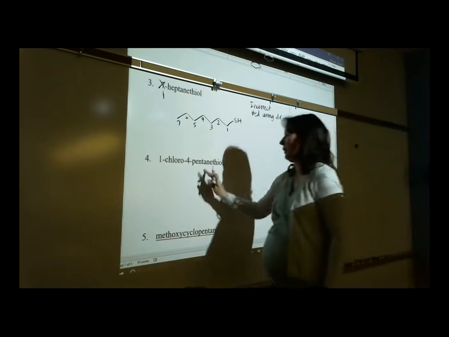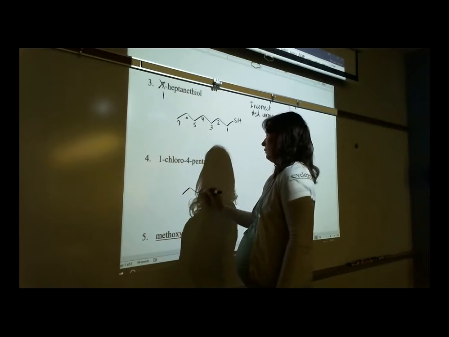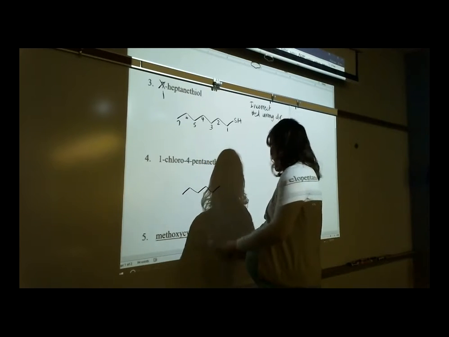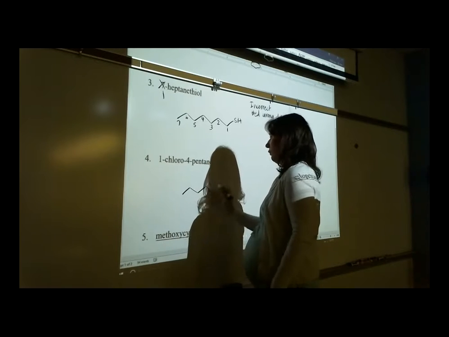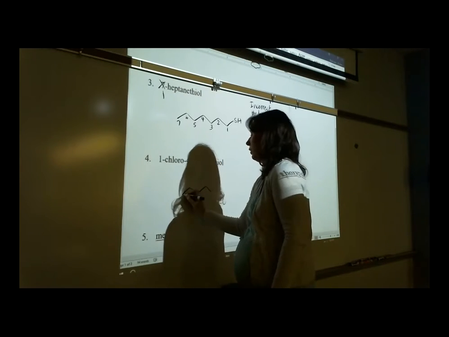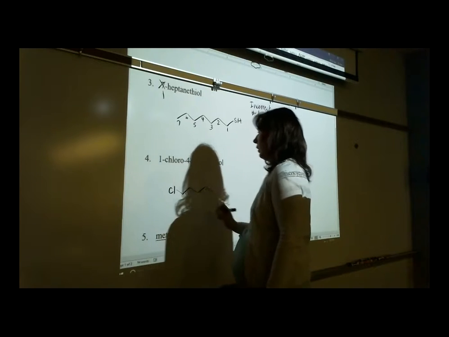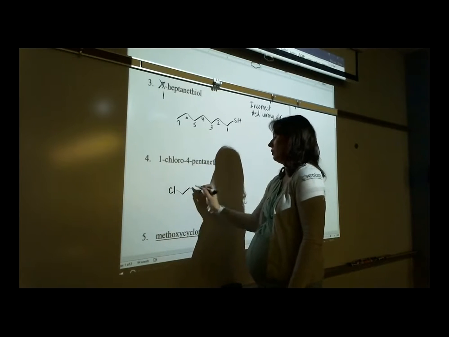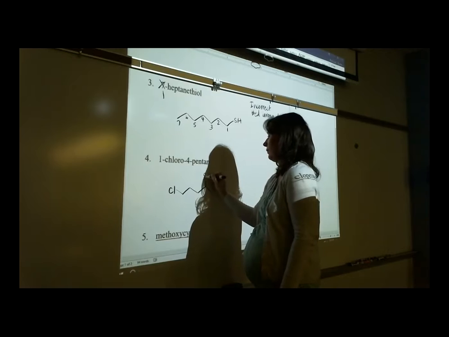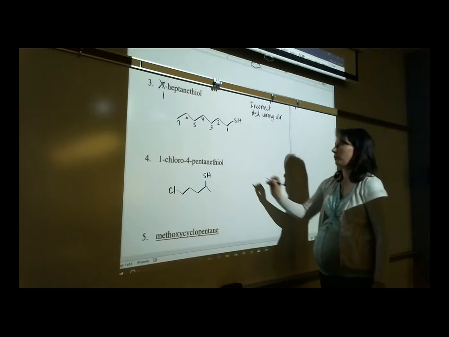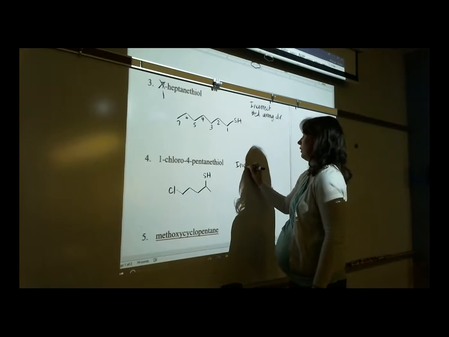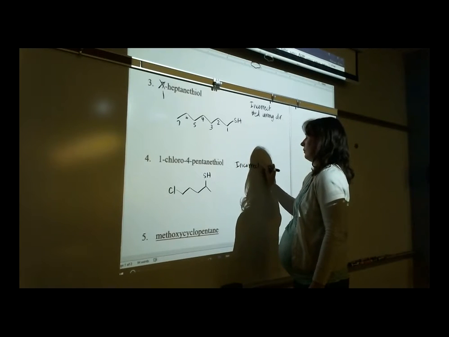Okay, this is a pentane. 1, 2, 3, 4, 5. 1 chloro and 4. 1, 2, 3, 4. Is that the correct name? No. Nope. This is incorrect. What's wrong here? The thiol has to take priority.